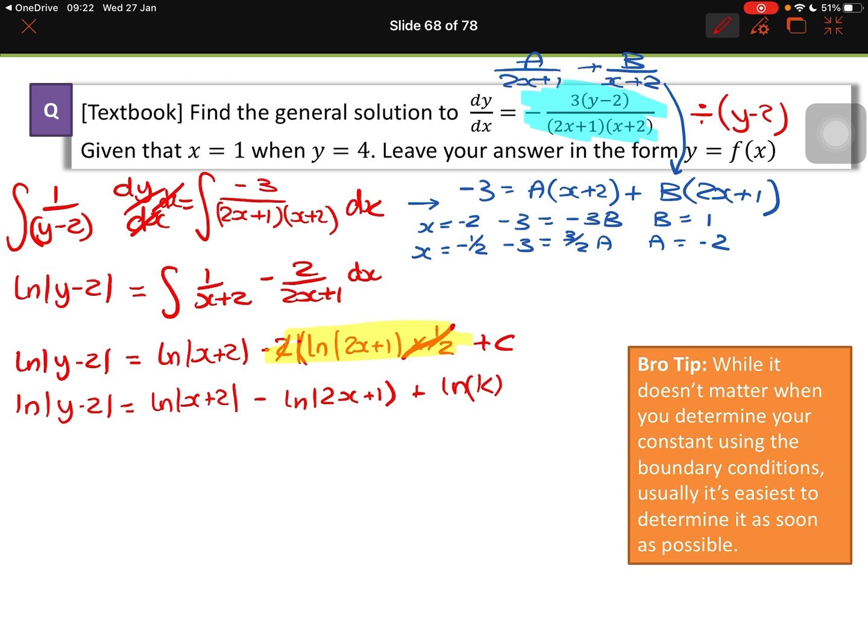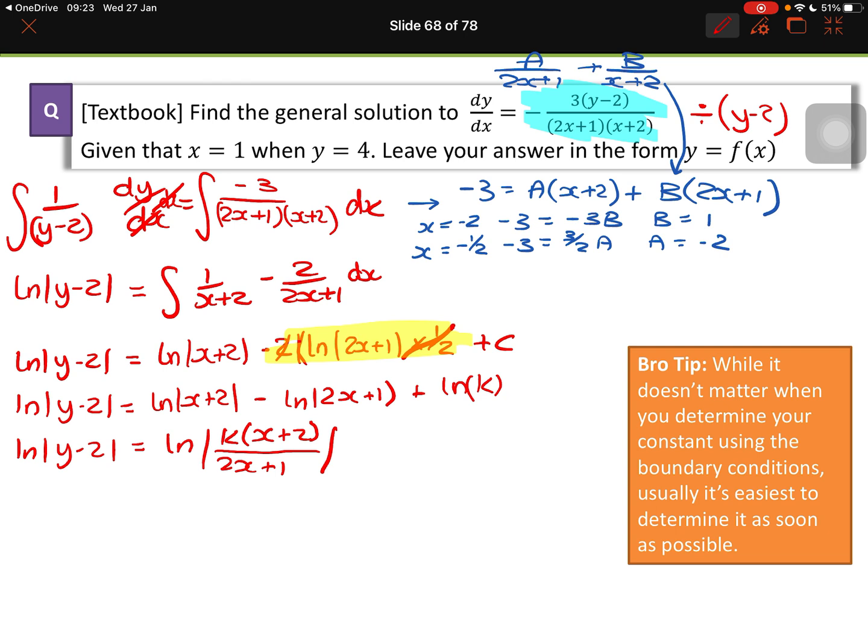Simplify our right-hand side using our log laws. So we'll have log natural y minus 2 equals, well, the plus k can combine with the x plus 2. So we'll have log natural of k lots of x plus 2 because they can be multiplied. Then we're subtracting log of 2x plus 1, so that can be divided underneath, just using our log laws again.